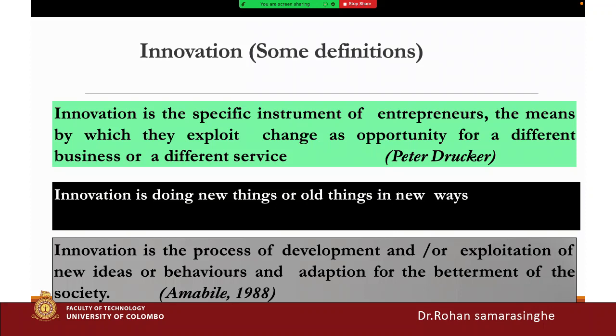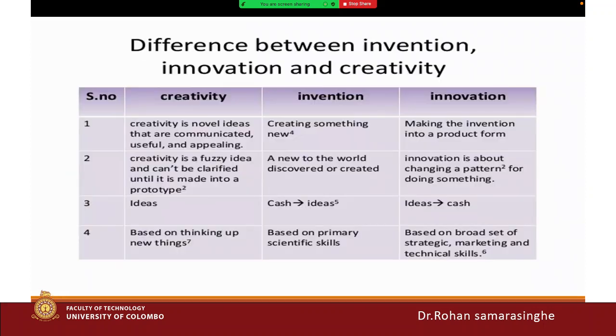And in 1988, Amabile explains that innovation is the process of development and or exploration of new ideas or behaviors and adaptation for the betterment of society. So he addressed society also: innovation must adapt for the betterment of the society, the people who are using it.